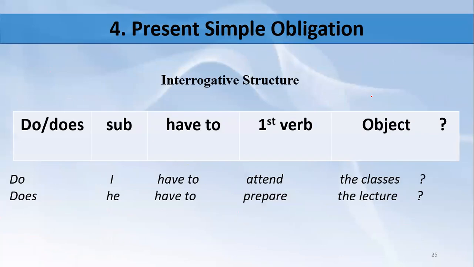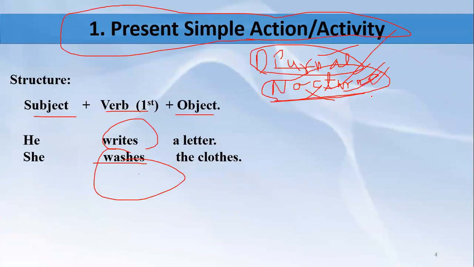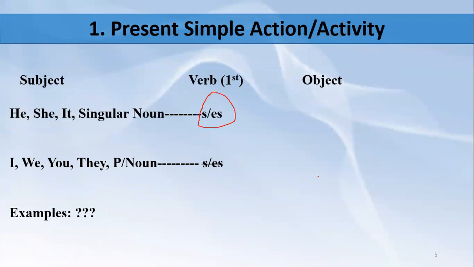Now if we look at these examples, this structure, when our subject belongs to the first group of subject, he, she, it, or singular noun, then we must add s or es to the end of verbs.